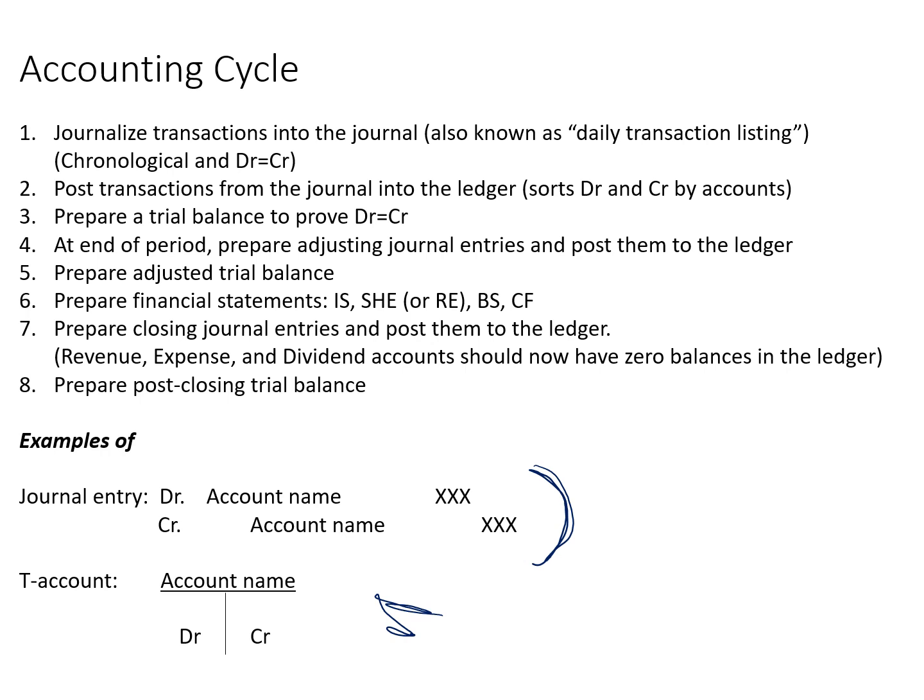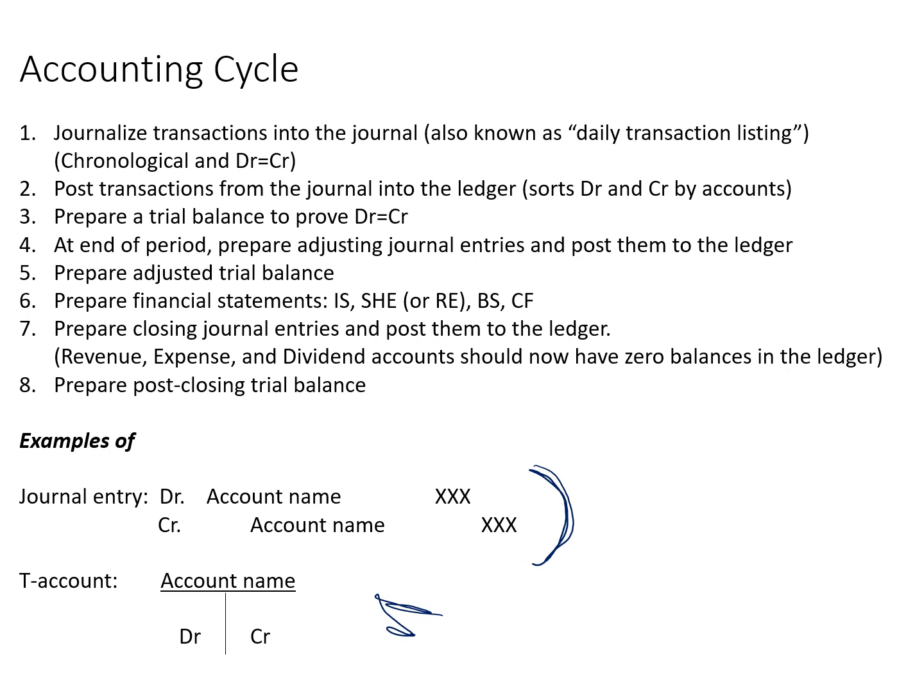And that's when we prepare adjusting journal entries, post them into the T accounts and the ledgers, and then prepare another adjusted trial balance. It's kind of like cleaning your room. You know, it's all in there, but you just need to put it in the drawers. So that's what adjusting entries do, and one of the videos after this will talk exclusively about adjusting journal entries.